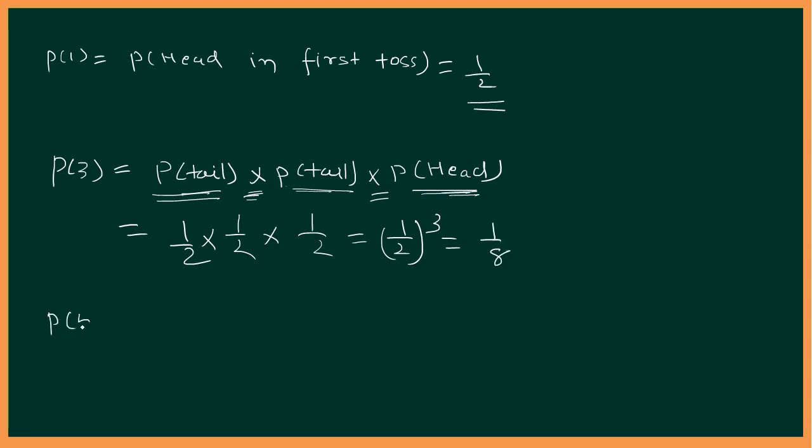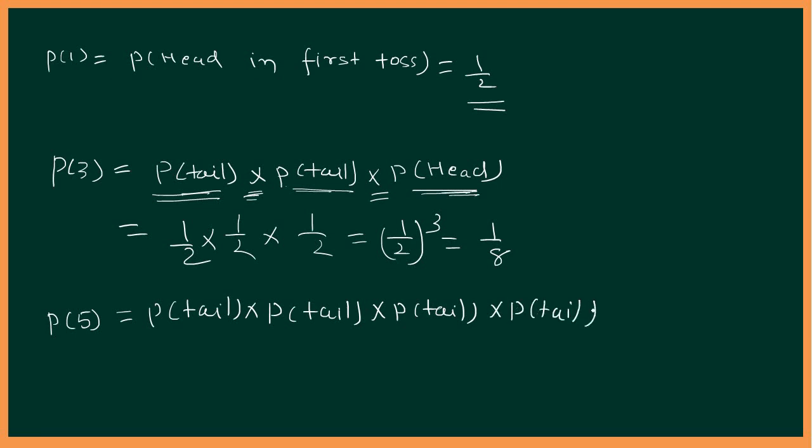Similarly, P5 means the probability of getting head in the fifth attempt for the first time. So you can write the probability like this: in the first attempt you got tail, in the second attempt tail, in the third attempt tail, in the fourth attempt also tail, and in the fifth attempt you got head.